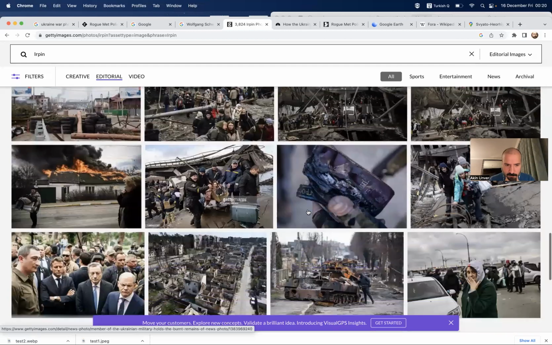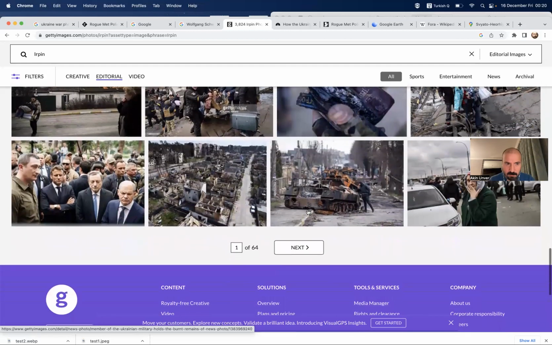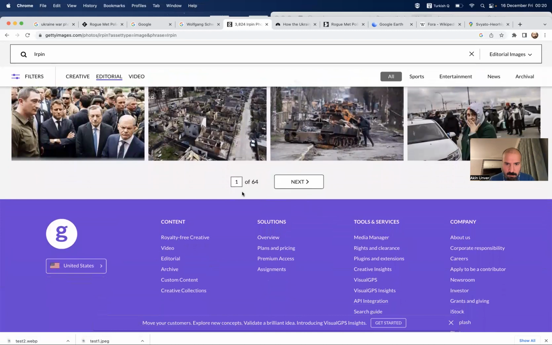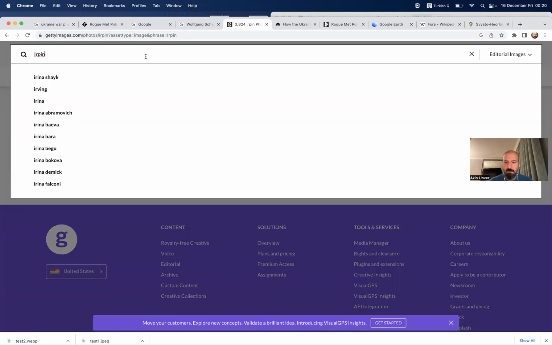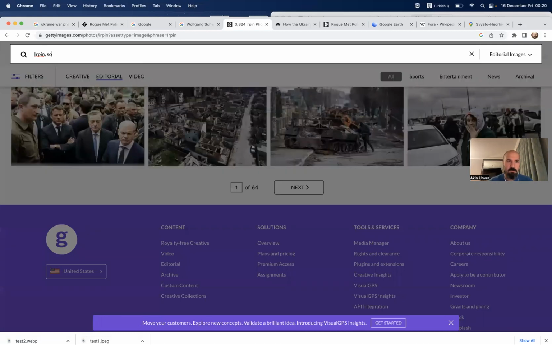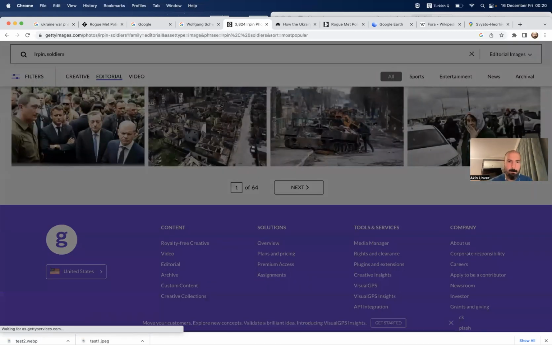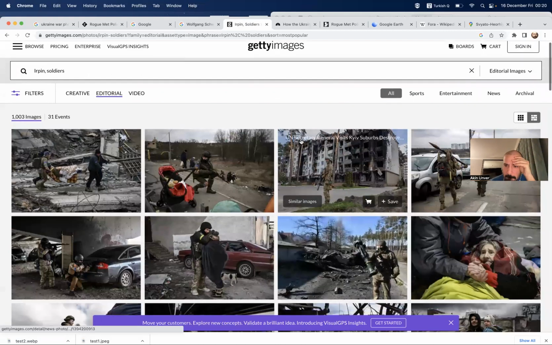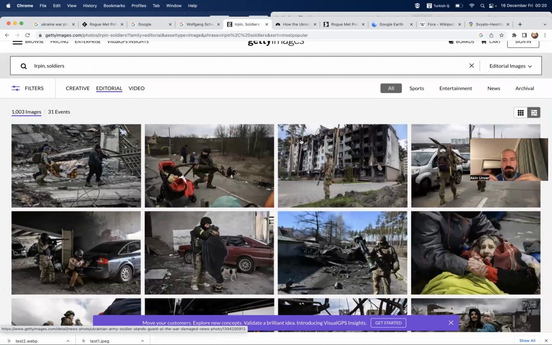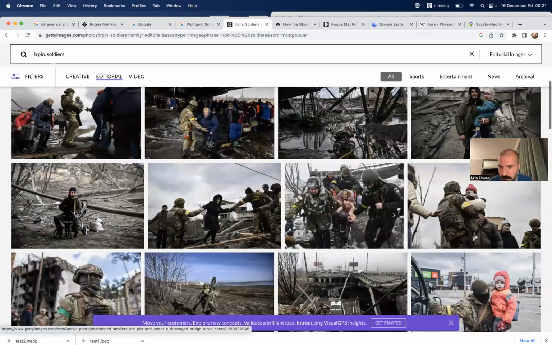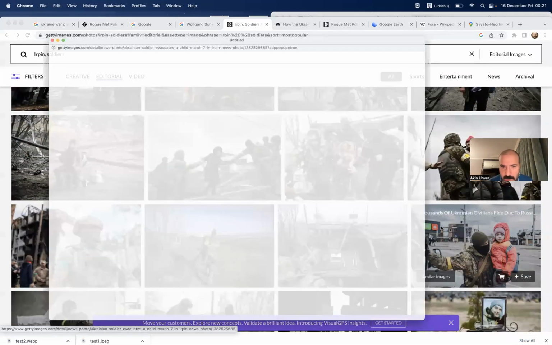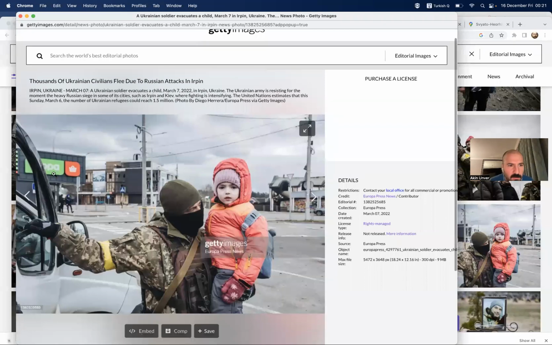Let's see if we have Irpin, comma, soldiers, maybe. So I'm refining my search. I'm not only getting Irpin images, I'm also getting Irpin and soldier images. Oh, wait, we have something. Okay.